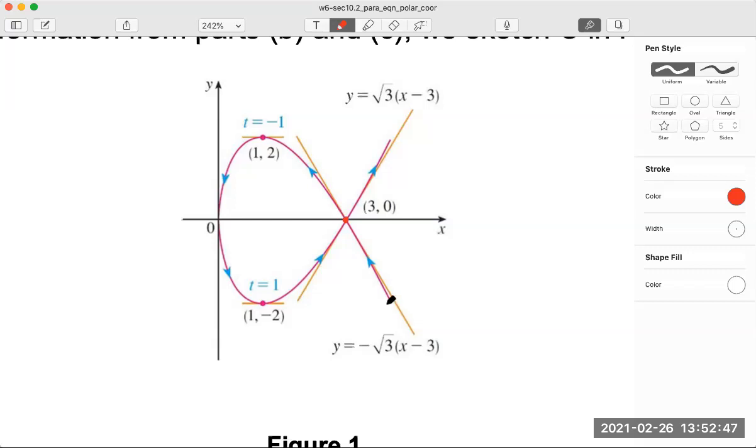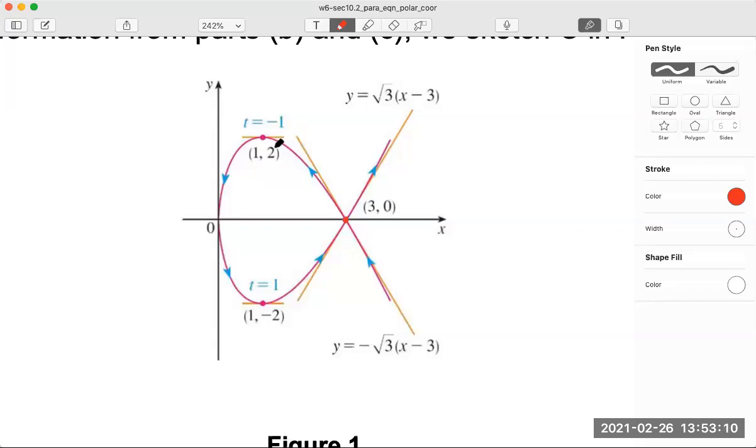And the intervals of t, let's go back to the notes. You see that when t increases, it will start from this, reach this point, and go up to this point, then go back this way. You plot these properties.